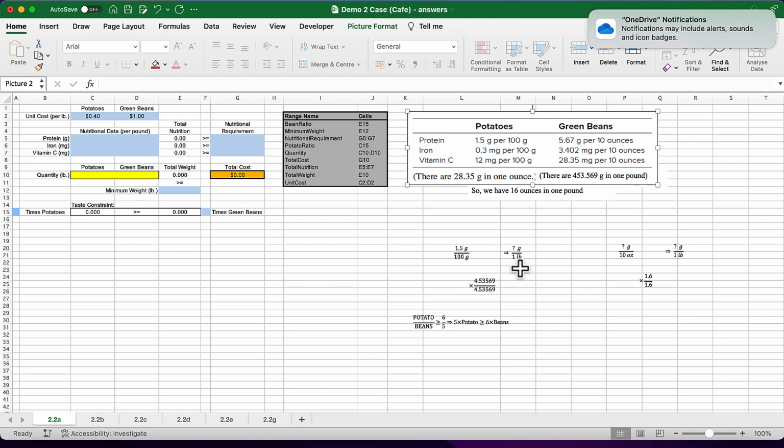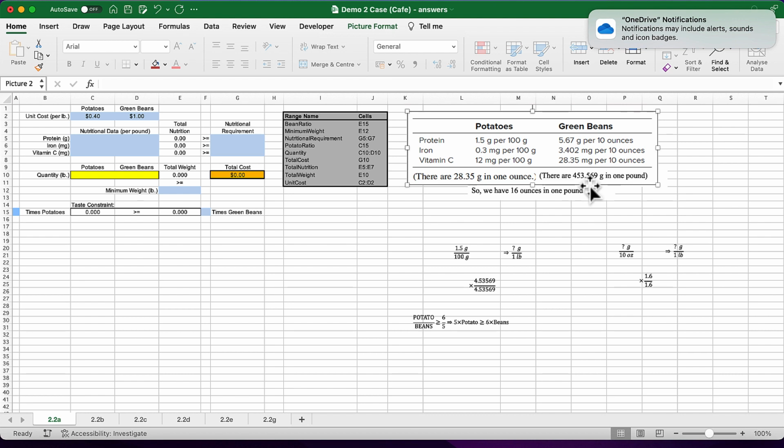So it makes sense for us to make this conversion, and there is some pretty key information about how you can make the conversion. For example, it is to be noted that there are 453.569 gram in 1 pound.